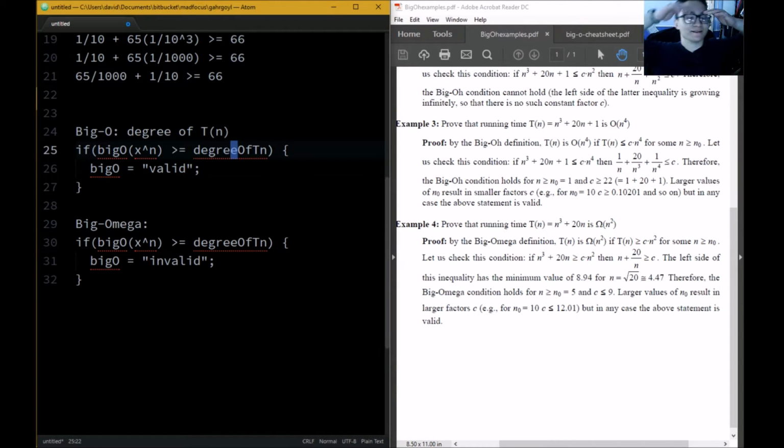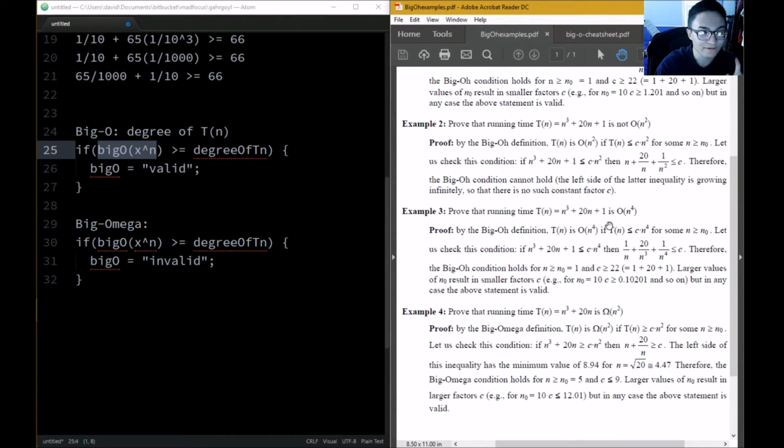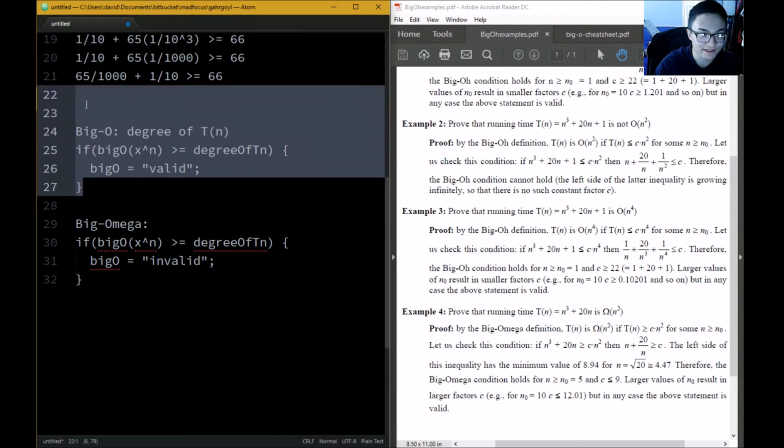So think about it. The big O that you're challenging with is this. Okay? So with big O, if this number, in this case let's say at example number 3, is greater than or equal to the degree of the T of n, this is valid. So this is true. This makes sense.